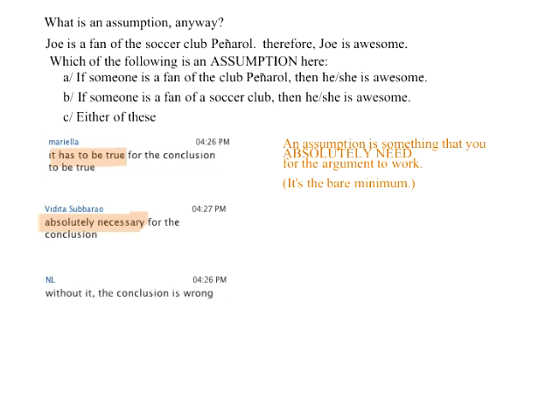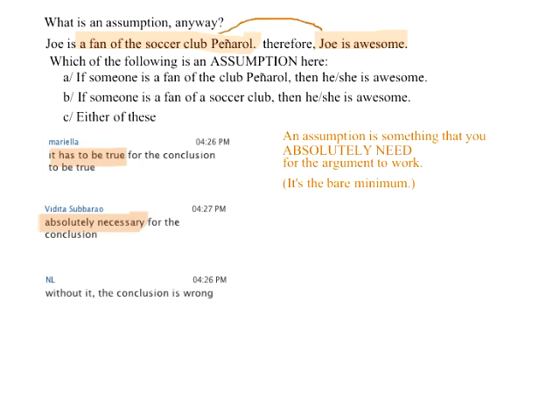So it's kind of the same thing here. What is the absolute minimum floor level information that we need for this to work? I'm jumping from the idea that Joe is a fan of Penello to saying that Joe is awesome. So I have to have some sort of connection between those two ideas.